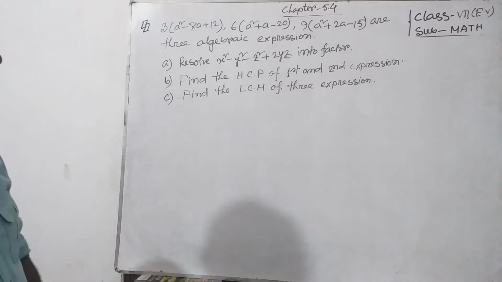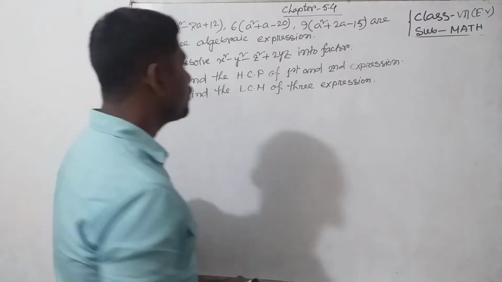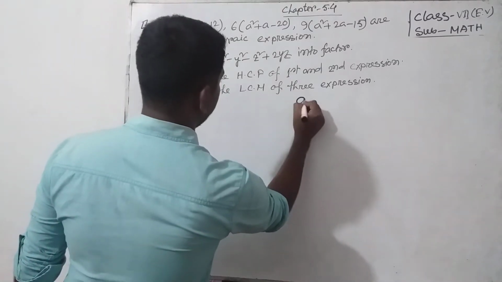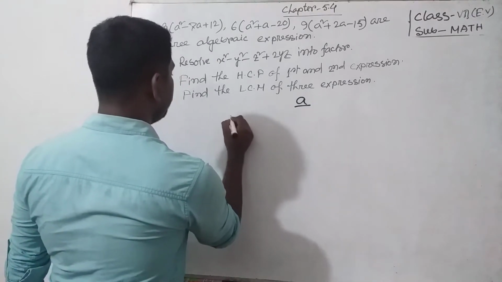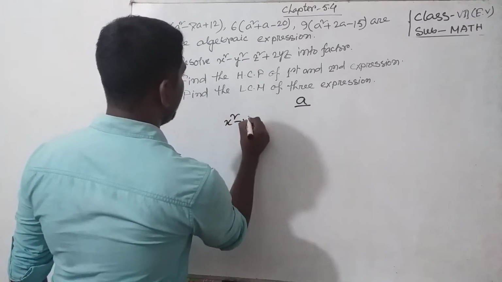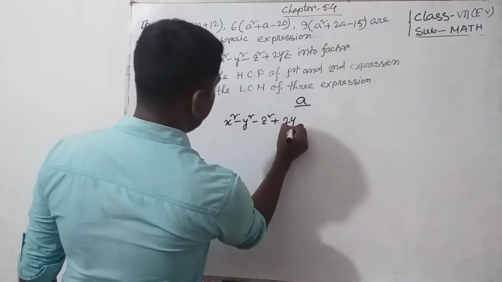Okay, at first I write down number A. Resolve x square minus y square minus z square plus 2yz into factors. My given expression is x square minus y square minus z square plus 2yz.